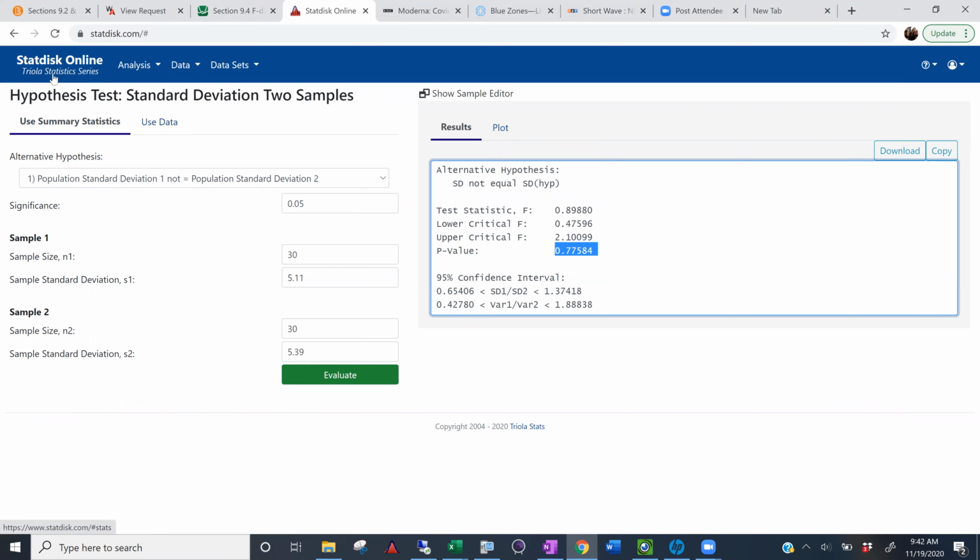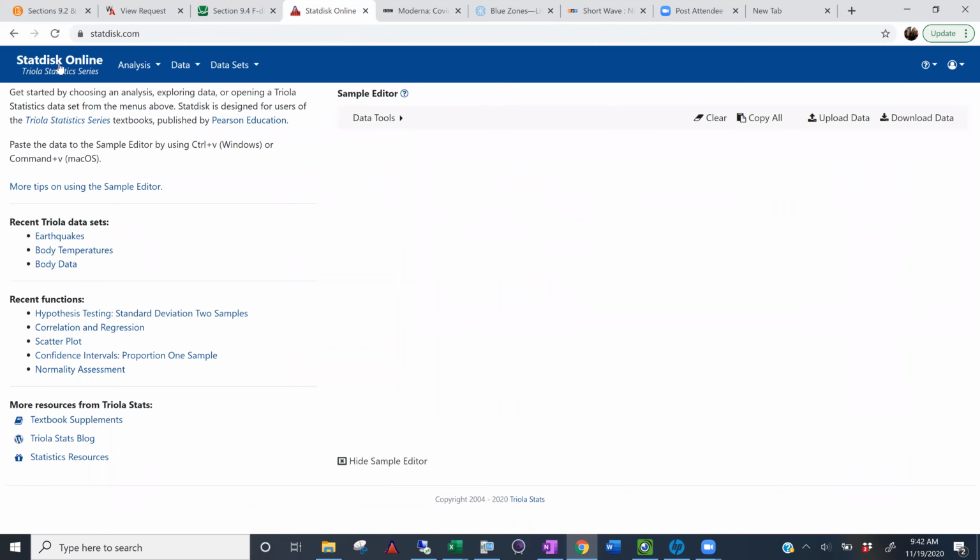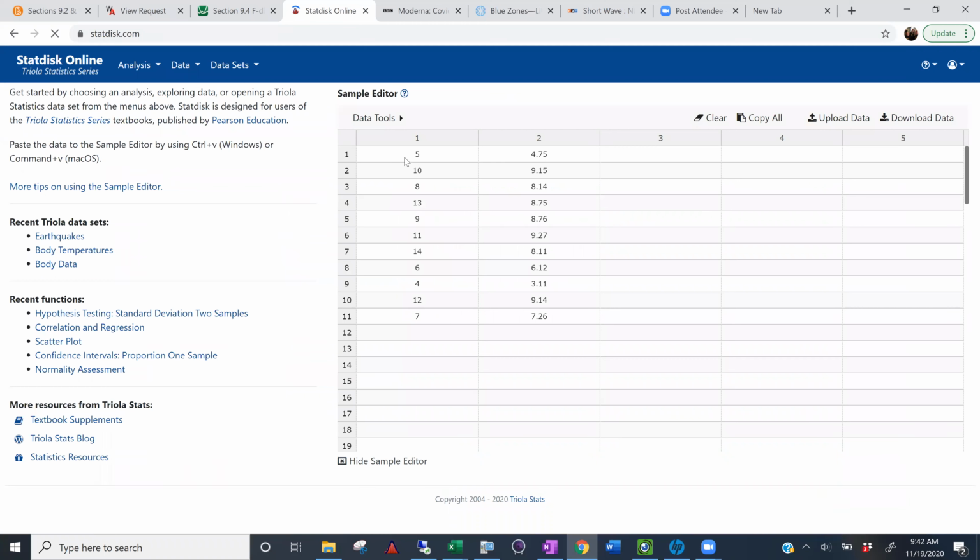Once you grab the data from StatDisk, click on the StatDisk Online icon. That should take you back to the sample editor. And let's see, I've got some stuff there already. I'm just going to paste mine in columns 3 and 4.